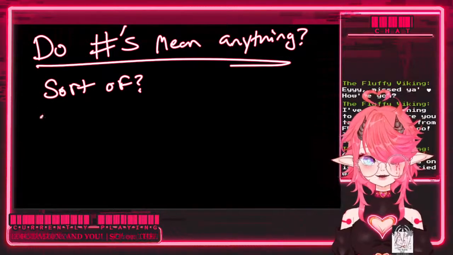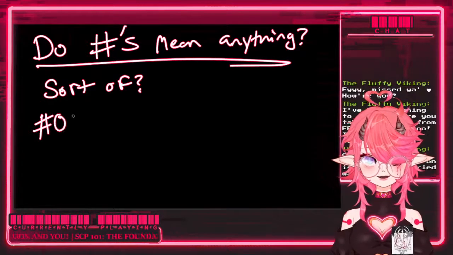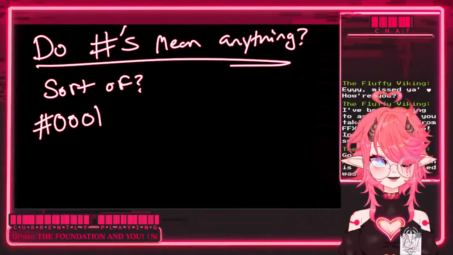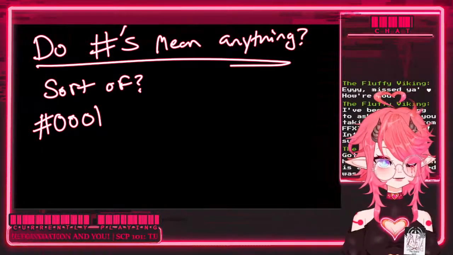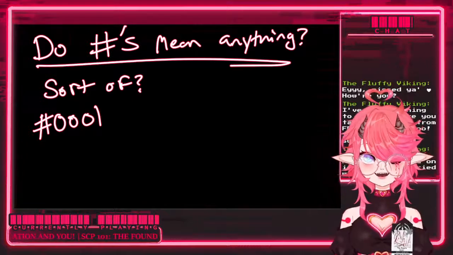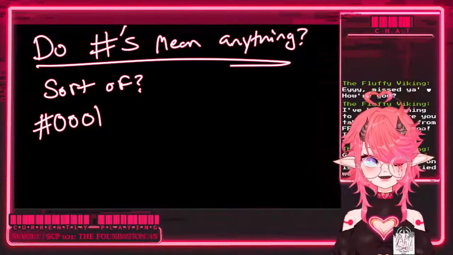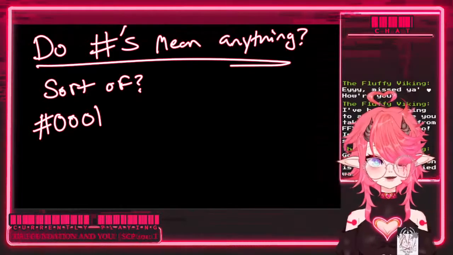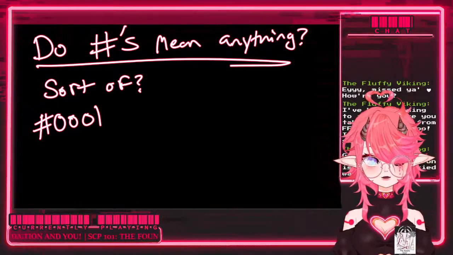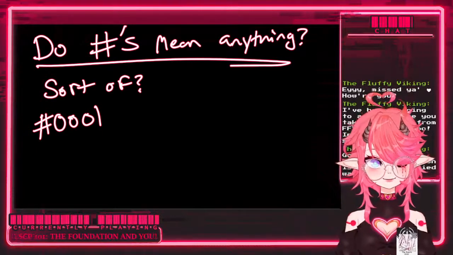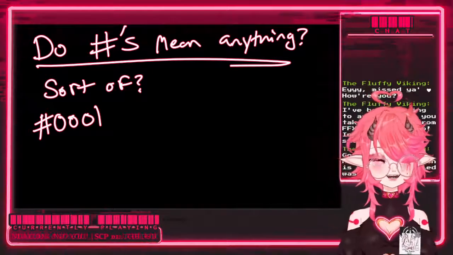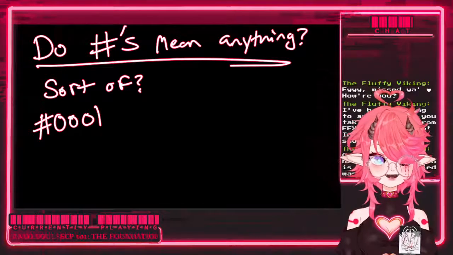The big one that most people point out is 0001. This would be the first SCP. Now, there's a lot of debate going around about what that first SCP actually is. But, at the same time, that can kind of change depending on where you're at, who you're at, and like who you're talking to. It's a very hot topic debate. There's a lot of talk about what the first SCP is. There's an entire section on the SCP Wiki dedicated to it, but this is kind of the jumping off point.